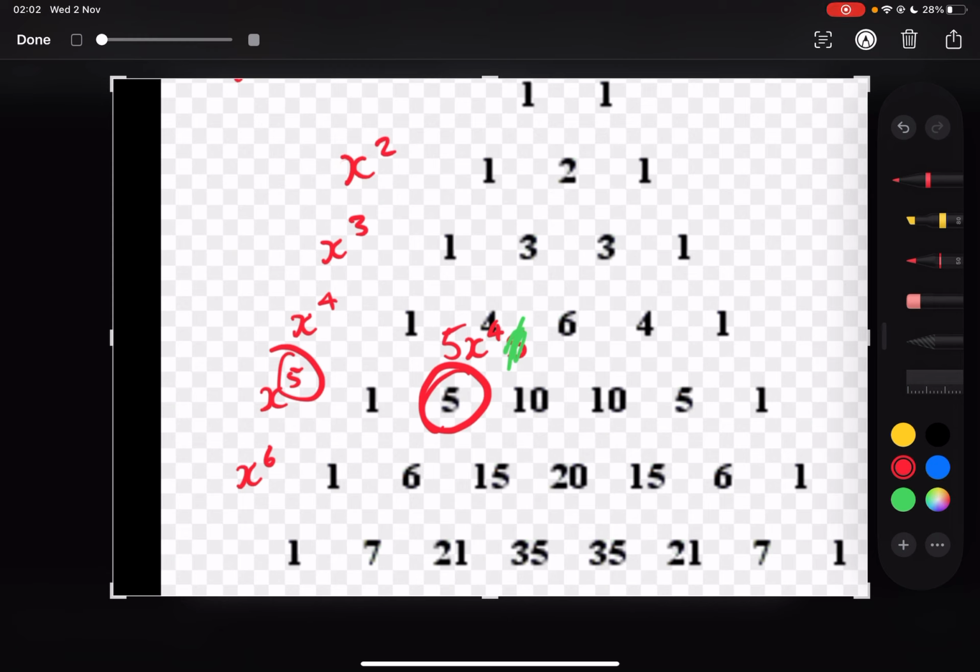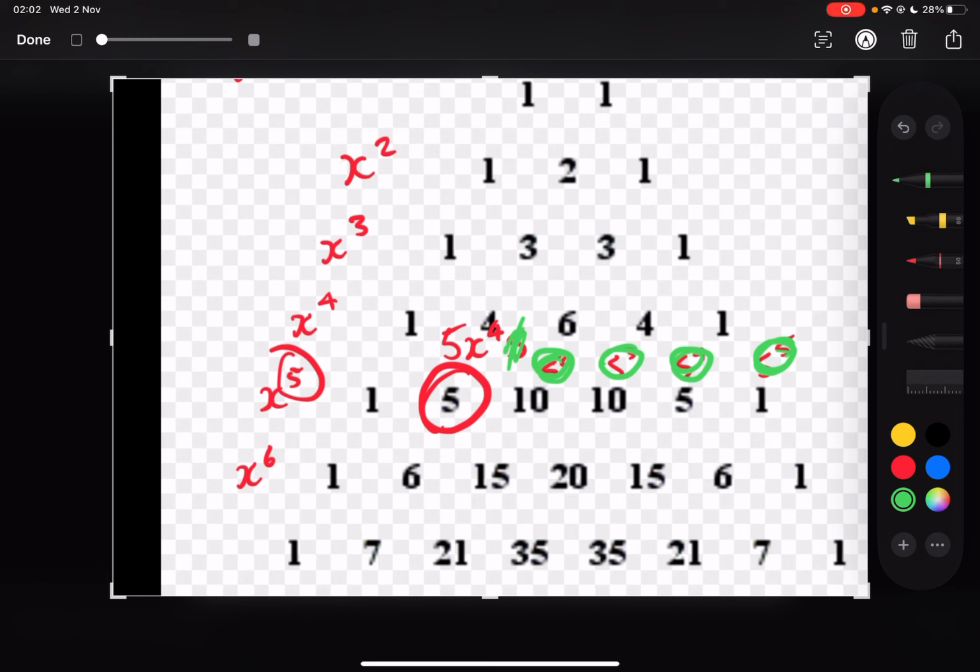Any of these other ones will be s squared, s cubed, s to the power 4, s to the power 5, and all this will become 0 when you take what's called the limit.